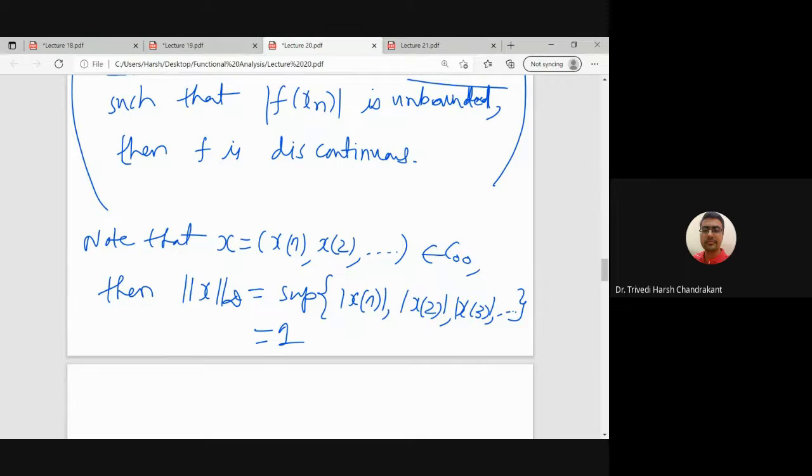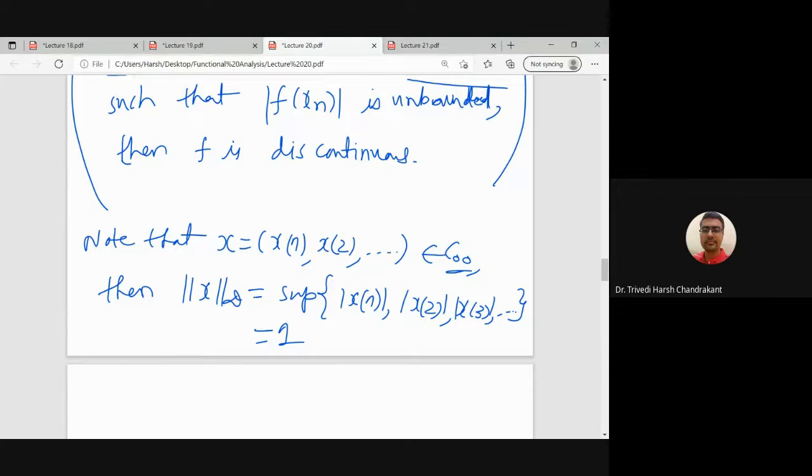Since C00 has only finitely many non-zero terms, the supremum is a maximum, so the supremum norm is actually the maximum norm.